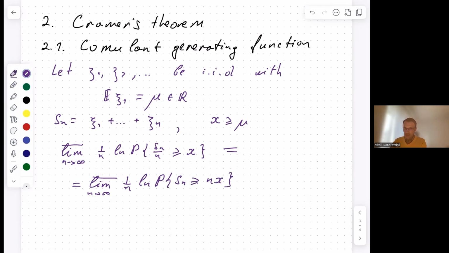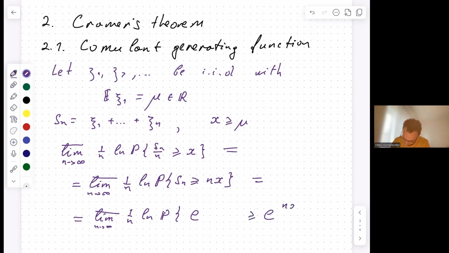And now here the idea is that let's consider the exponential moments, or like consider the exponent of the object that you want to estimate. I want to rewrite the event inside the probability as follows. I just take the exponent, larger or equal.